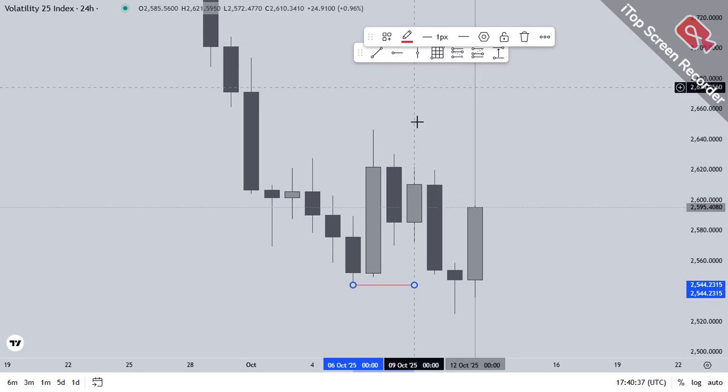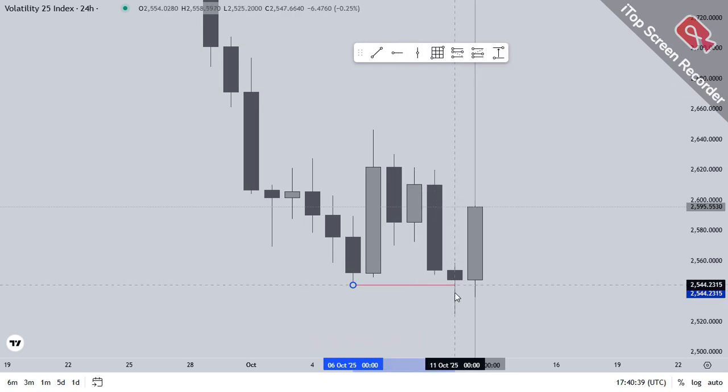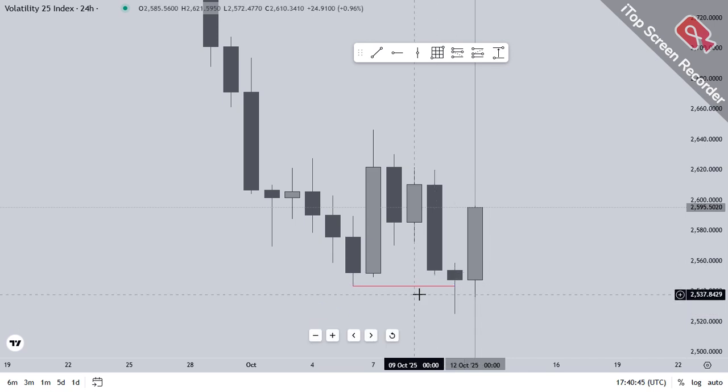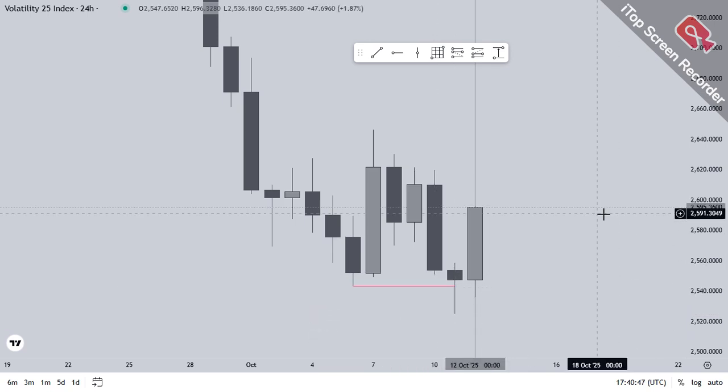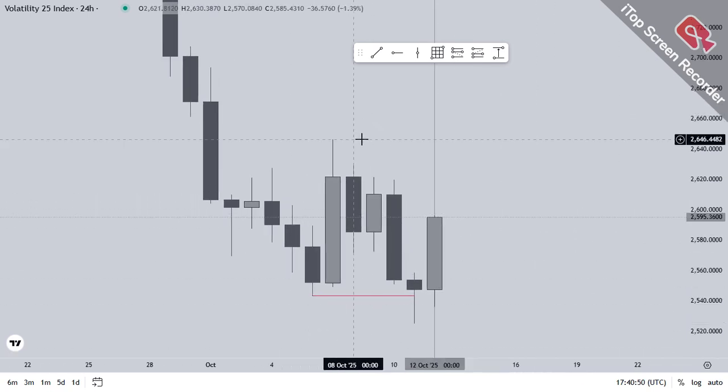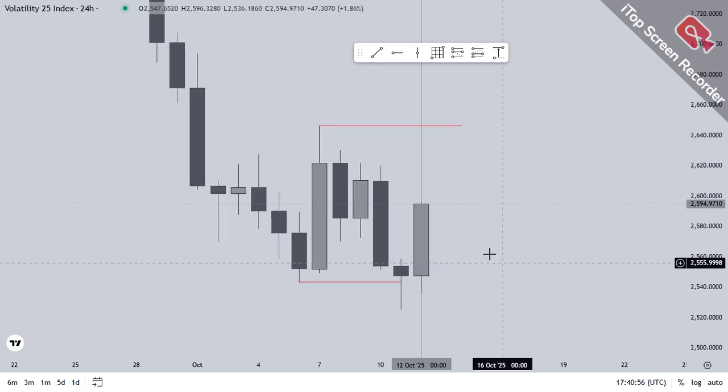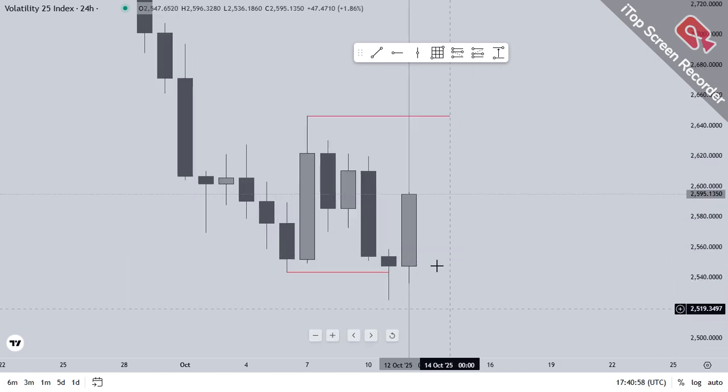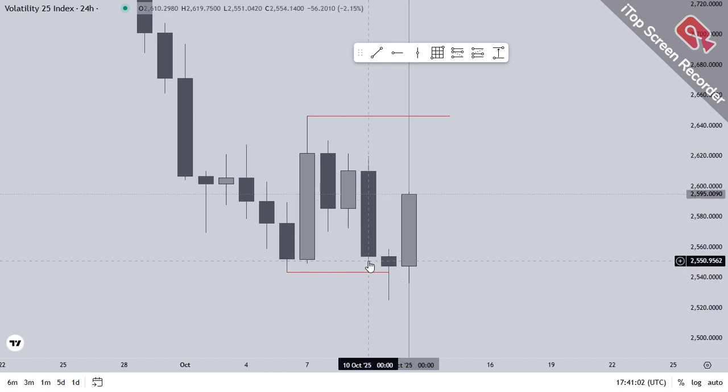This low was swept by yesterday's price action, as you can see. So yesterday's price action swept this low, and we find ourselves in this sort of range, right? So for 25 index, we swept this low and then we are having this particular range.